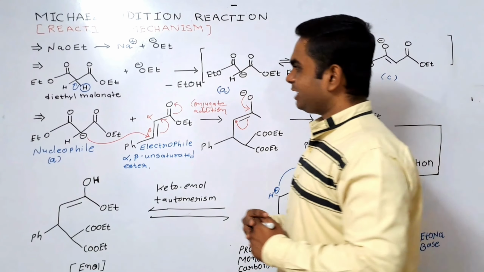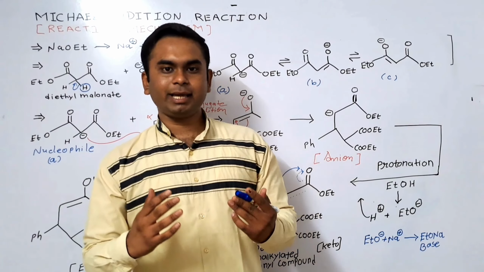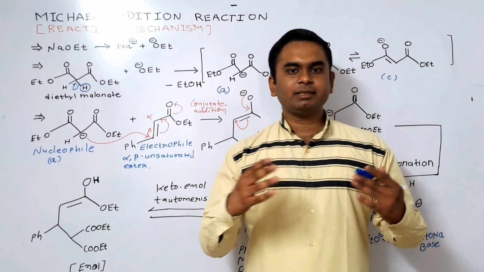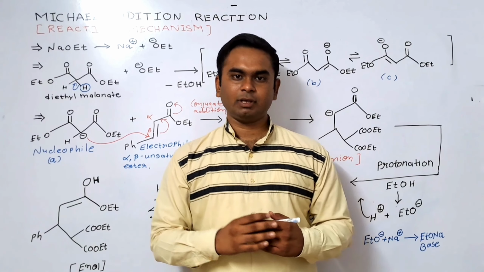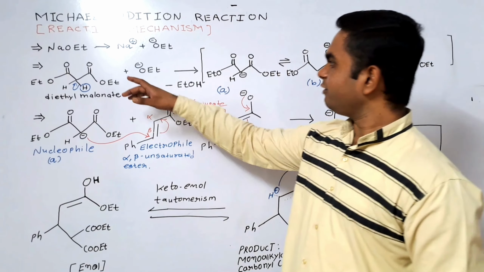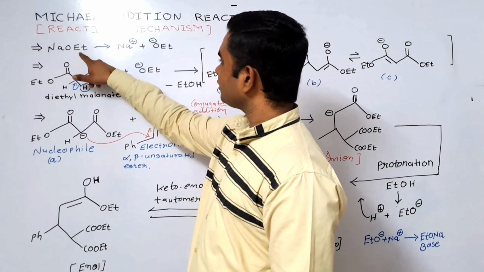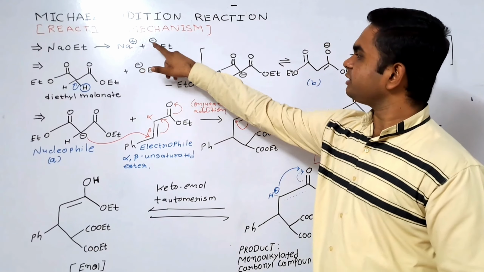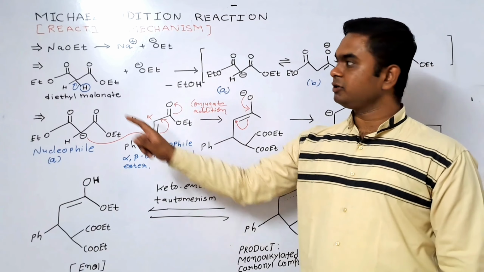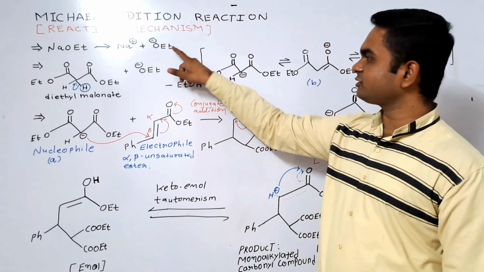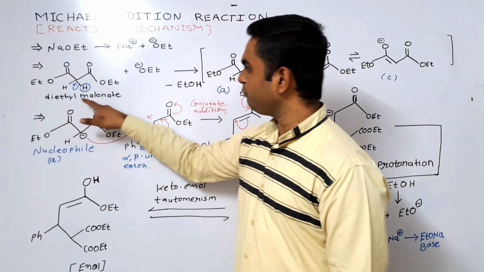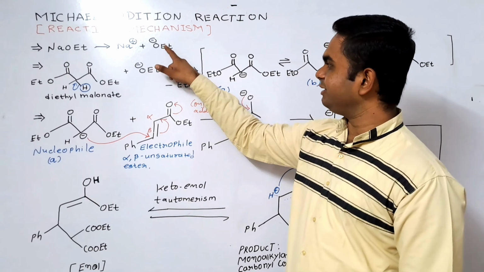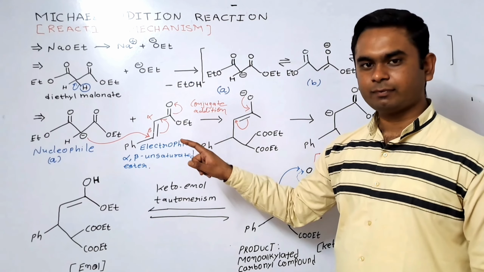Now see the reaction mechanism of the Michael addition reaction. This reaction occurs in the presence of base. So in the first step, our base sodium ethoxide will be ionized into two ions, sodium ions and ethoxide ions. In the second step, diethyl malonate reacts with these ethoxide ions.